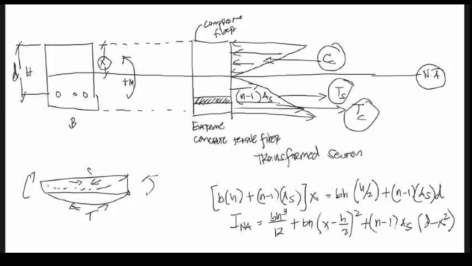So alam nyo pang maglipat? Maalala nyo pa ba from your theory of structure on how to move the composite moment of inertia up to the NA or the neutral axis of the transformed section na tayo. So i-convert kasi natin yung steel mo into concrete. Kaya natin ginagawa yung transformed section. No?